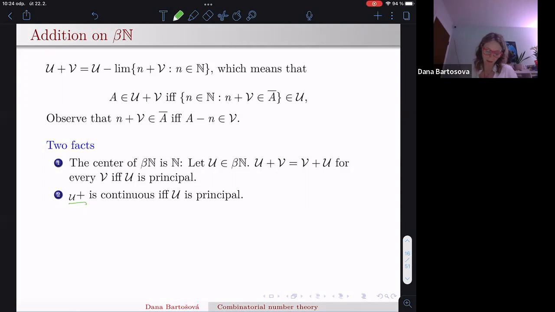So unless I started with an element of natural numbers, then I already lost continuity. And it's actually easy to show that this left continuity is equivalent to being in the center, so commuting with every element. And again, that means that the elements of beta n that commute with every element are only the natural numbers themselves. So the center of beta n is n itself.